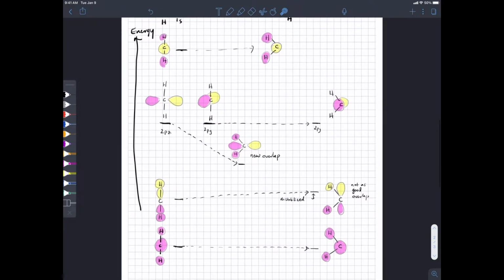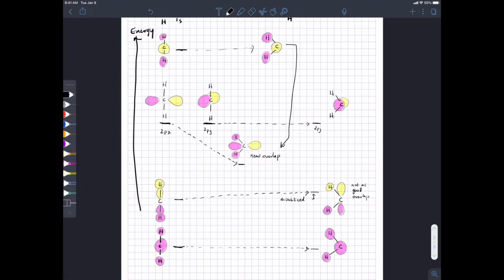Okay, so at this stage, questions so far about how we got there? Basically the same thing as pyramidal methyl. As we did before with pyramidal methyl, we are going to apply rule number 7.